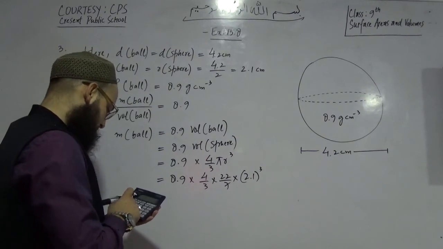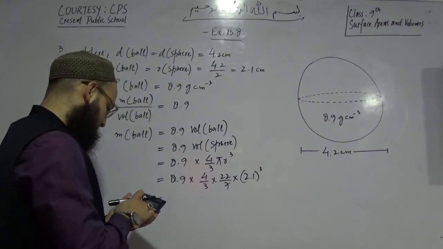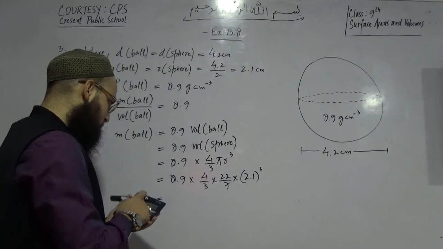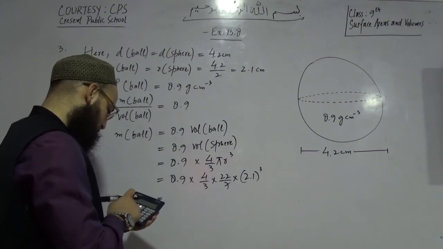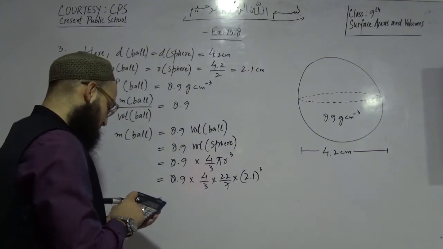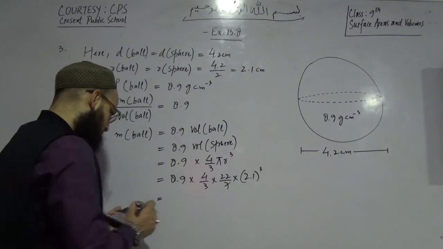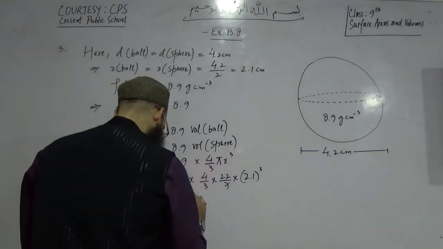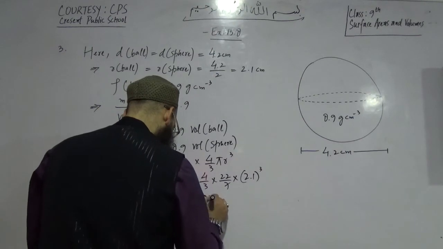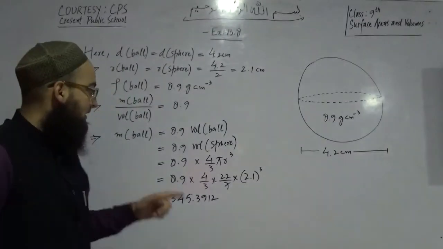Now let us solve this. So you have 8.9 times 4 times 22 times 2.1 times 2.1 times 2.1 divided by 21, that will give you 345.3912 gram.